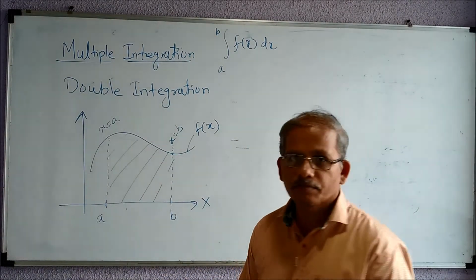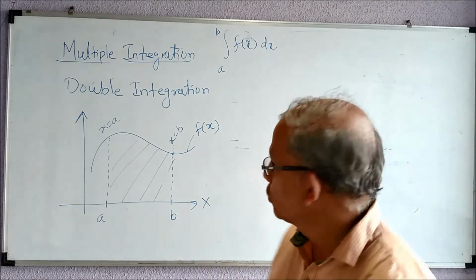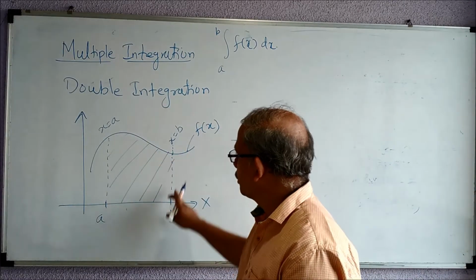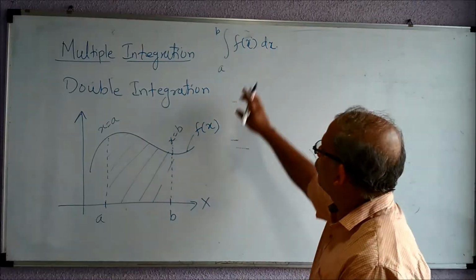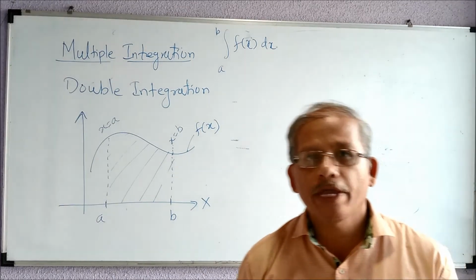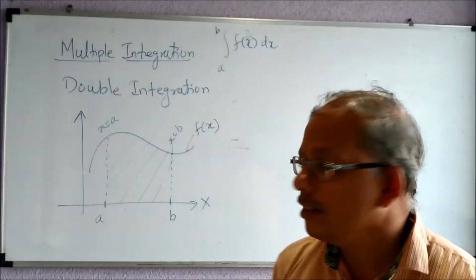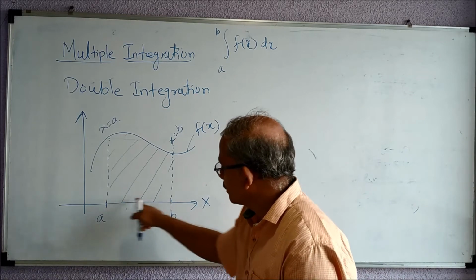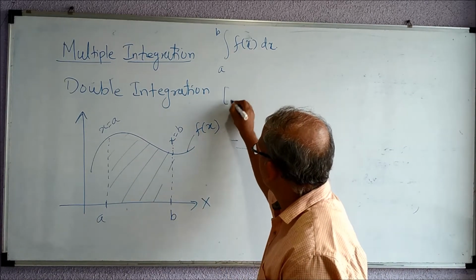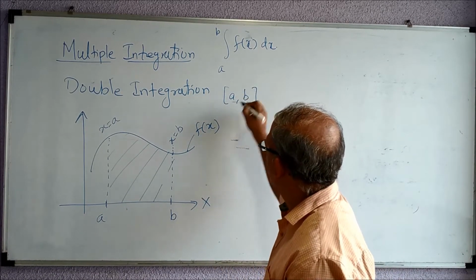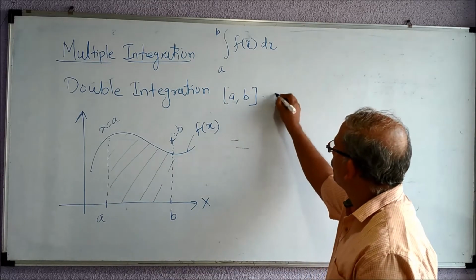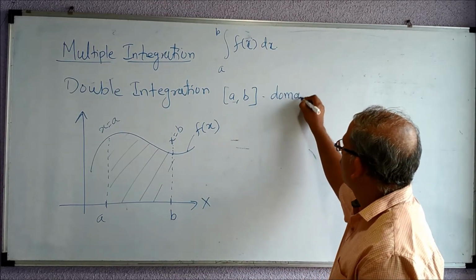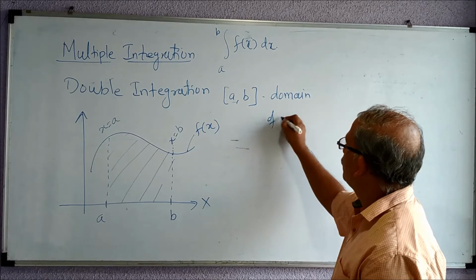Above the x-axis. So the area of this part you can obtain by doing this integration. Now this part of the x-axis, the interval a comma b, is the domain of integration.